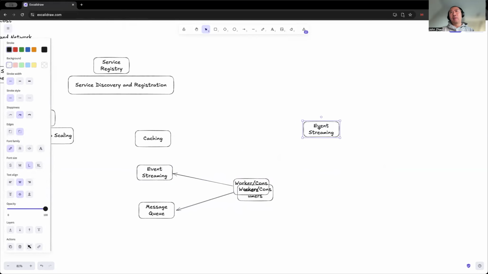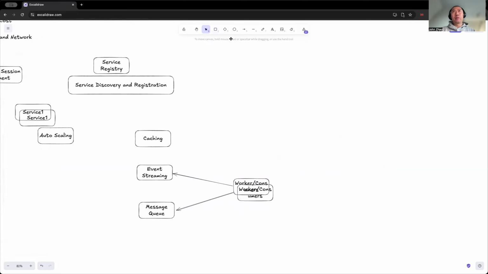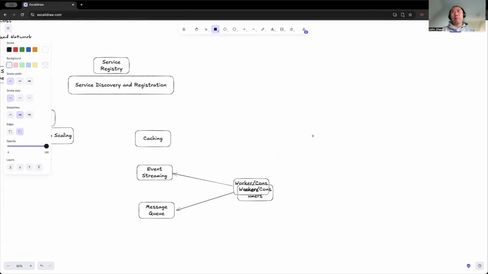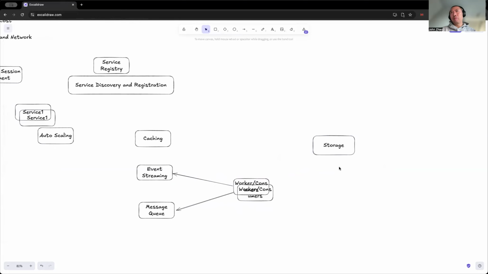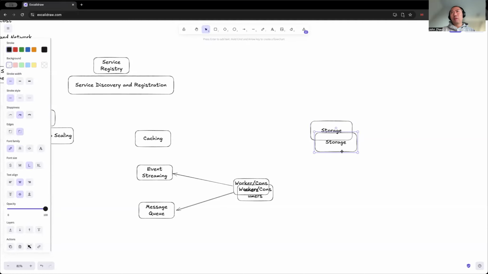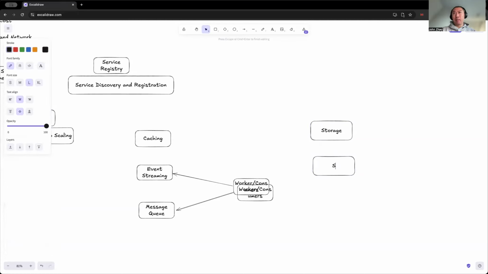And then at the last is storage. This would be the design considerations about SQL, NoSQL, object storage, the most popular ones, topics.